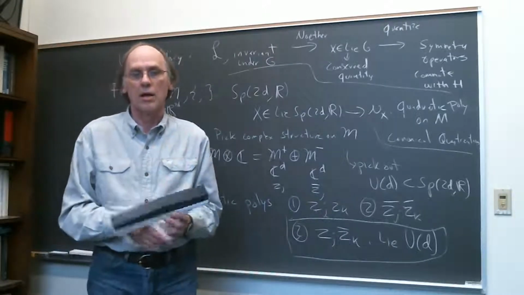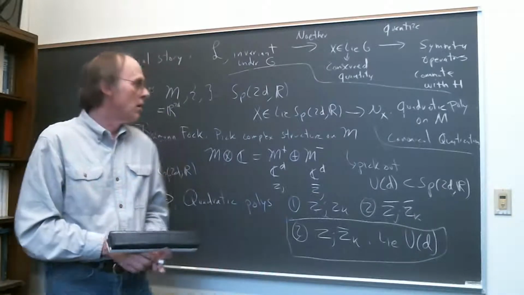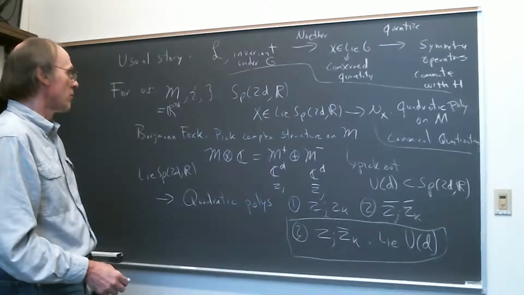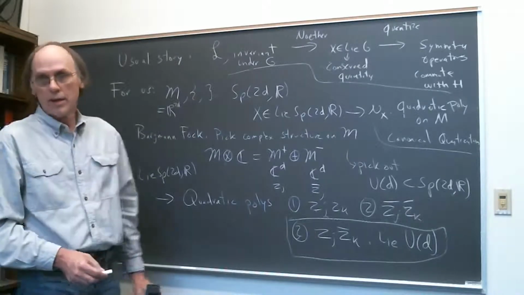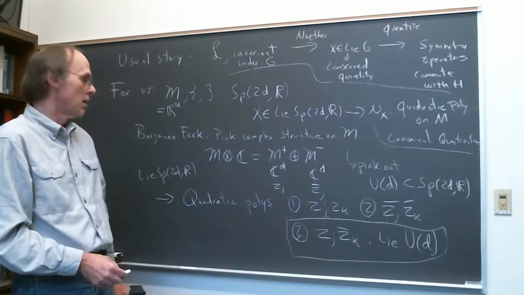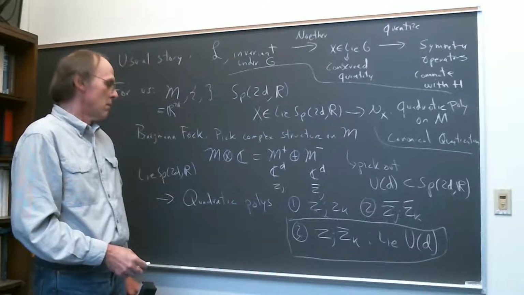How do we pick out a U(d) subgroup out of the symplectic group? I mean, is that U(d) the elements that commute with the complex structure J? Yeah, exactly. But is there any other way to pick this out, like in chapters 24 and 25?